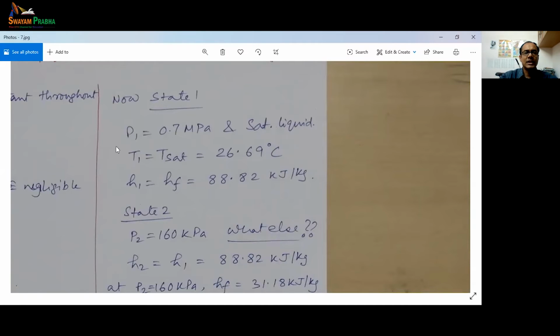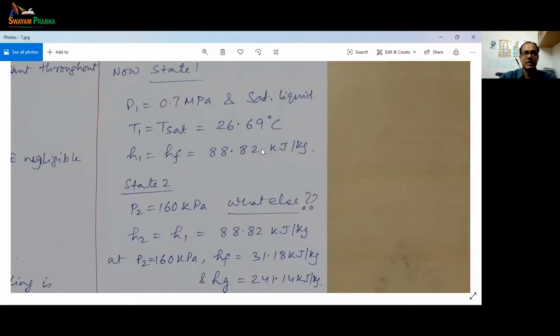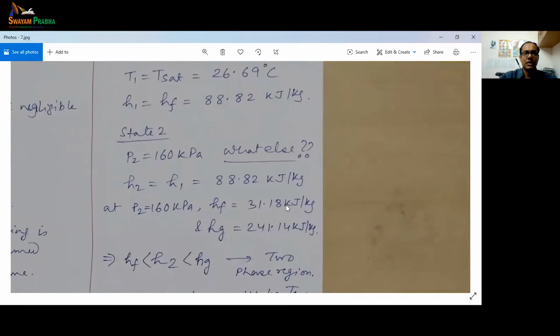The temperature is T saturated corresponding to 0.7 MPa, and that is 26.69 degrees centigrade, directly from the table. We can also look up H1, which is Hf, or enthalpy of fluid at this 0.7 MPa saturation pressure. That is 88.82 kilojoule per kg.